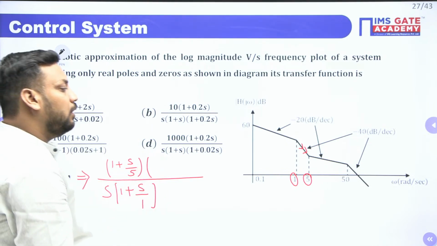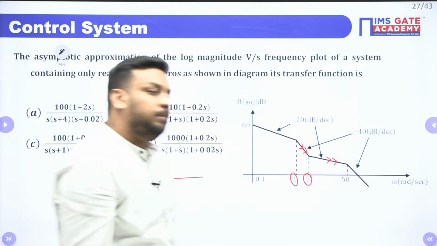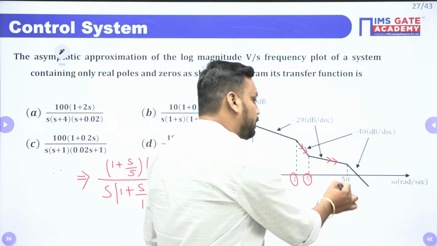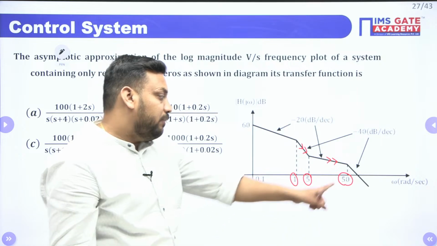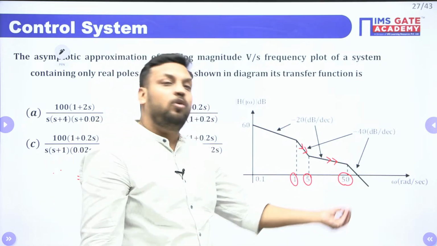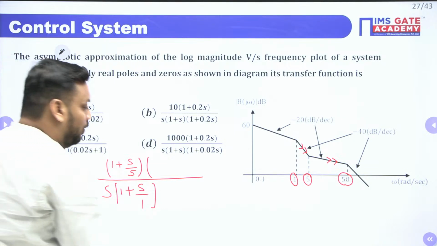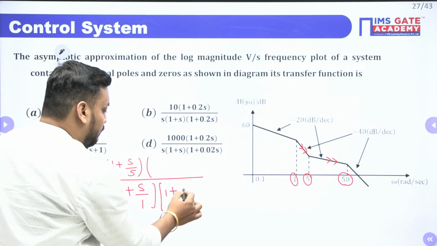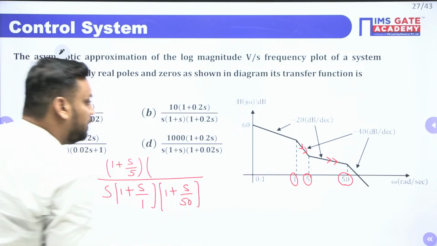Now, students, at 50 radian per second, what will happen? At 50 radian per second, we are having -20 dB per decade, and here it is -40. It means at 50 radian per second it will contribute -20 more. It means one more pole, so it will be 1 plus S by 50.